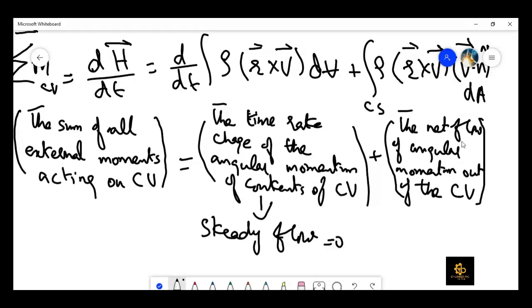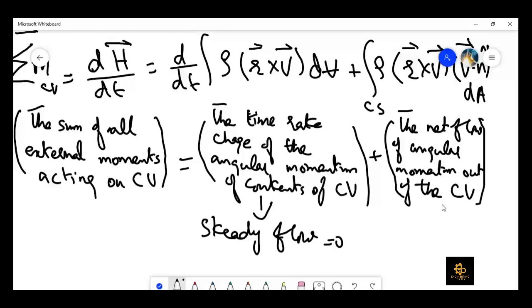Now, what is this? The net flow rate of angular momentum out of the CV. It means that if the angular momentum going out of the control volume is greater than the angular momentum of the fluid which is coming in, then this term would be positive, right? So when is that positive? In which case, turbines or pumps? Because in pumps we usually give angular momentum to the fluid so that it would build pressure.